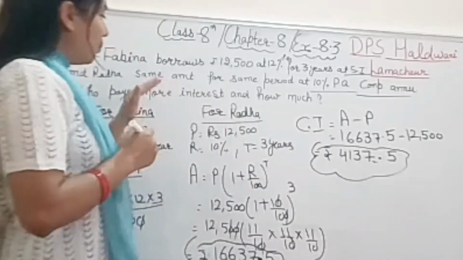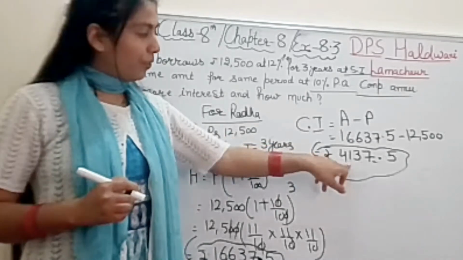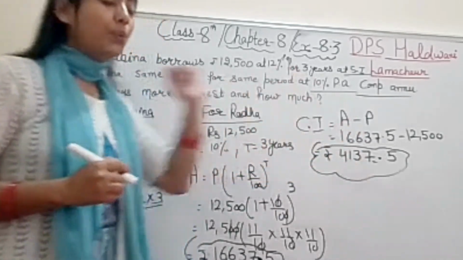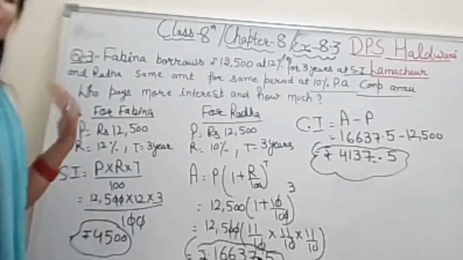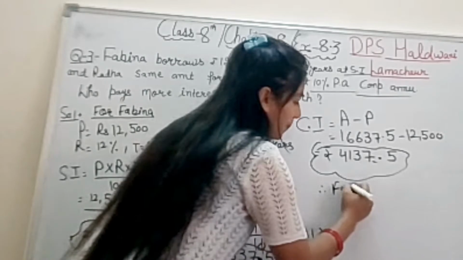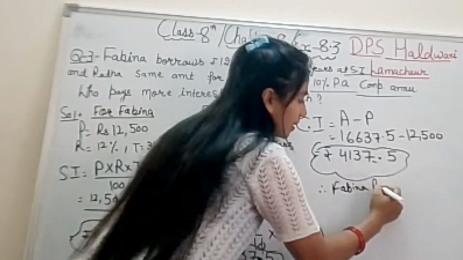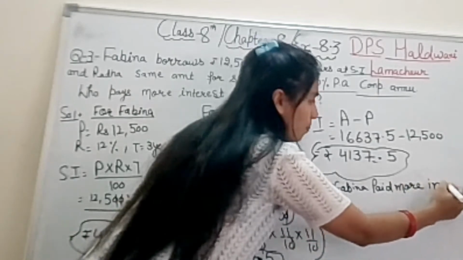Now compare, students, who pays more interest? 4,500 and this is 4,137.5. Who pays more? Obviously, Fabina pays more interest, right? So you will write Fabina paid more interest. And the question is how much, students?